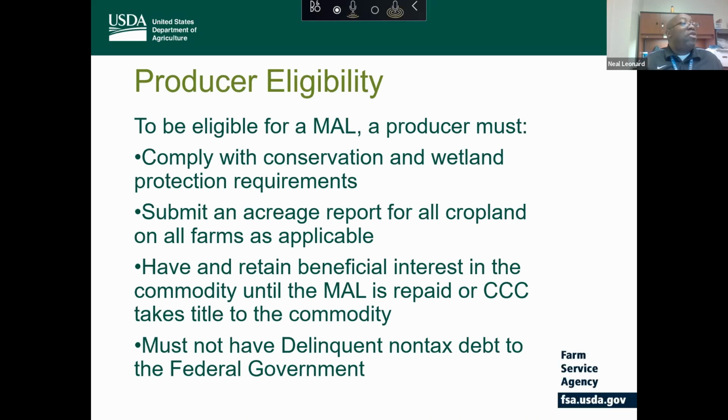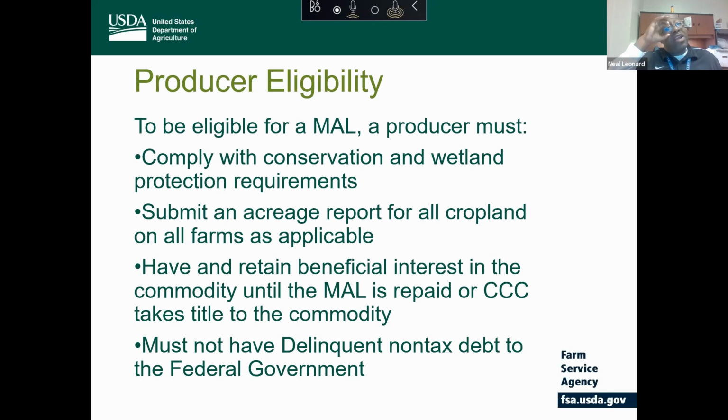To be eligible for an MAL, a producer must comply with conservation and wetland protection requirements, submit an acreage report for all cropland on all farms as applicable, have and retain beneficial interest in the commodity until the MAL is repaid or CCC takes title to the commodity. I do want to emphasize that if you put your crop on loan with us, you must retain beneficial interest.